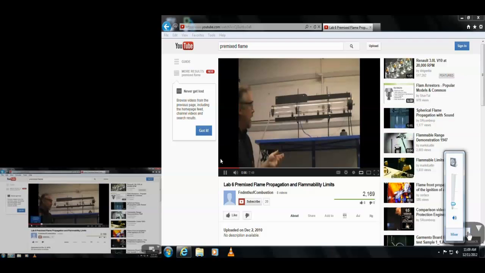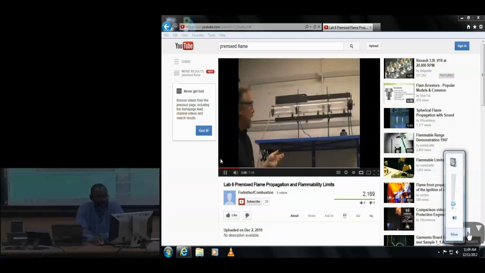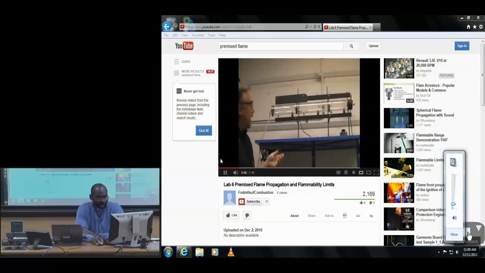So a couple of things that we've talked about. We talked about this idea of ignition at an open end. And so I asked you last time to understand better what happens when you have ignition at an open end and you're propagating into a reactant stream. As you propagate into this reactant mixture, as we noted before, because the velocity at the closed end is 0, the velocity of the reactants is also 0.